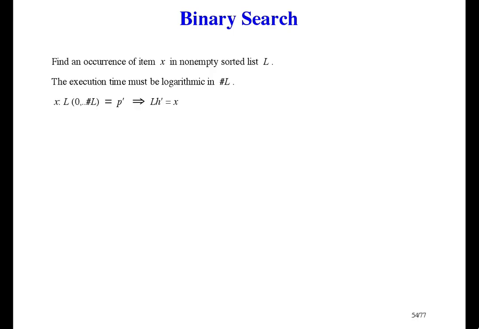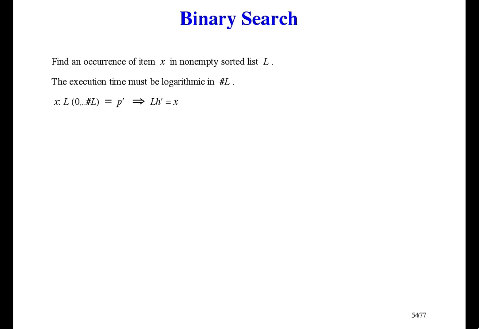This time my specification will use a binary variable p for present to indicate whether there is such an item in the list. I could have done that last time in linear search. I'm still using variable h to indicate where it is. If x is anywhere in the list, then p prime is true.